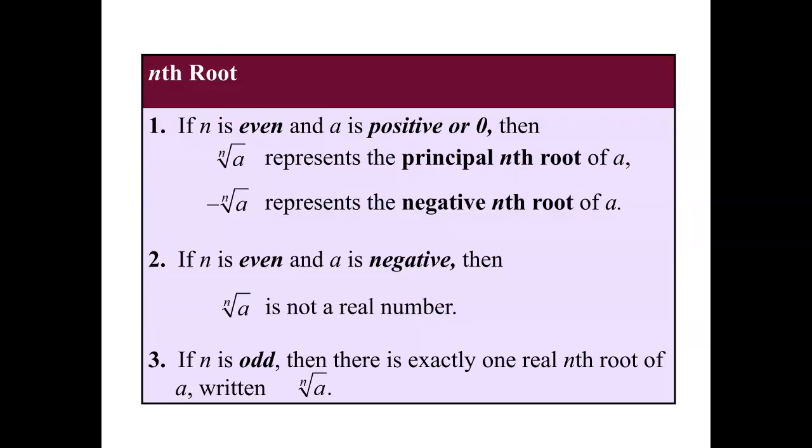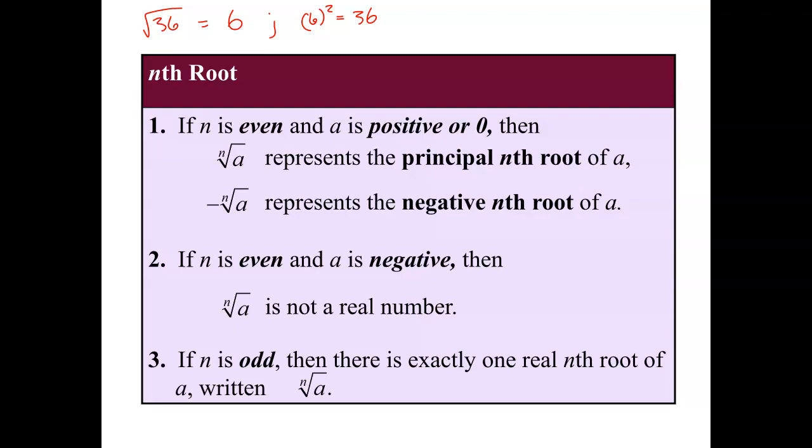Now, when we're dealing with roots, we have principal and negative roots. The square root of 36 equals 6 because 6 squared equals 36. Is there a different number that I can square and still get 36?